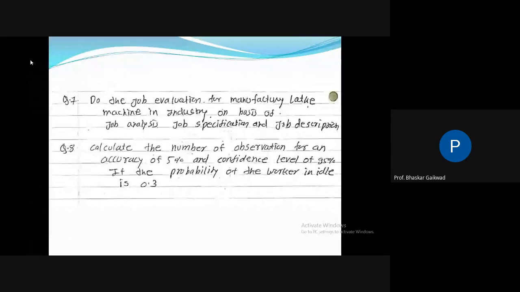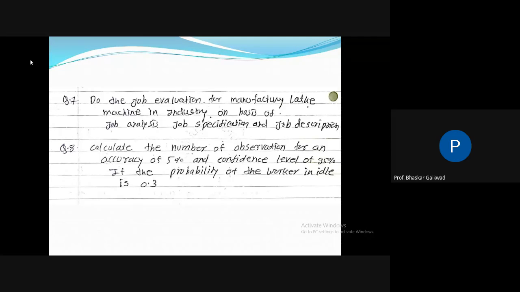Then do the job evaluation for manufacturing a lathe in an industry on the basis of job analysis, job specification, and job description. You have to consider one industry that is manufacturing a lathe, and for the lathe, you have to go for job evaluation on the basis of 3 points: job analysis, job specification, and job description.